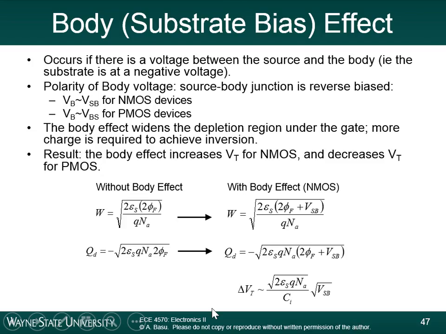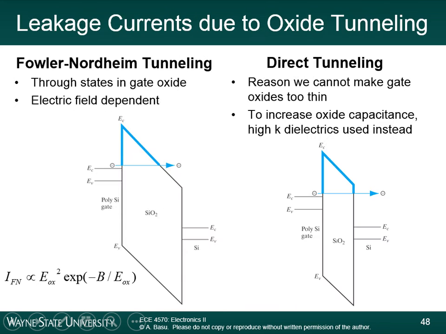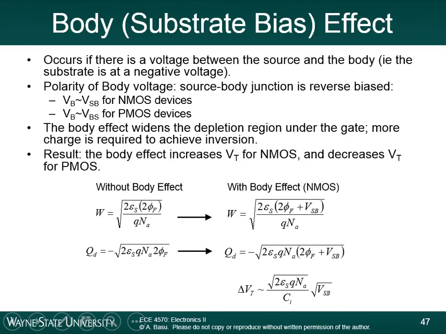This 2 phi f term, which is just due to the substrate doping, now also includes the source to body voltage term. So the more source to body voltage that you apply, in other words, the more negative the substrate becomes for an NMOS device, the more the width of the junction increases.